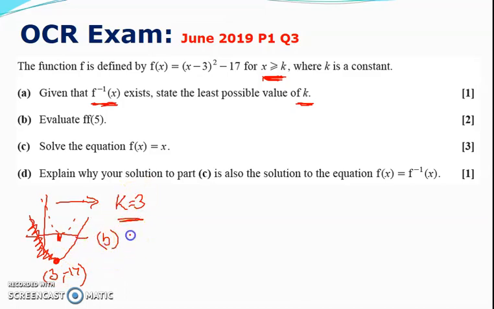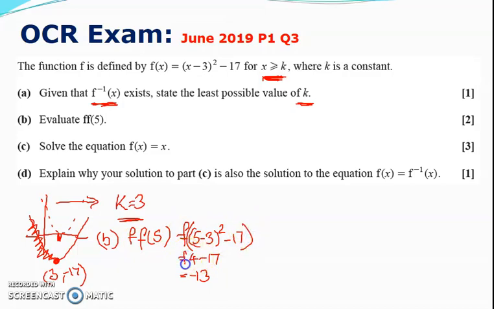Part B, it says evaluate f of 5. So basically I just put 5 into the function. So if I put 5 into this function, I get 5 minus 3 all squared minus 17. What's that? That's 2 squared, which is 4, minus 17 is minus 13. And what I've got to do is put this minus 13 back into this, because really at the moment all I've done is just that first part.